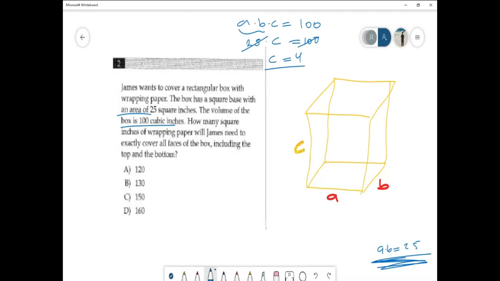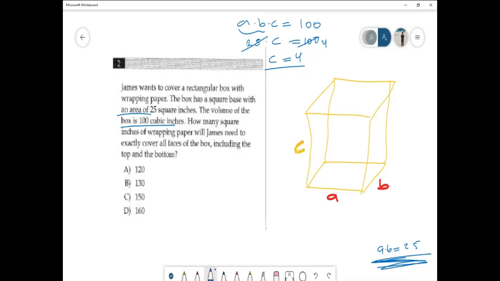Then C should be 4. That's how I found C. I can cancel 25 with 100, it will be 4. So C will be 4. Now, how many square inches of wrapping paper will James need to exactly cover all faces of the box, including the top and the bottom? So I need to find the surface area, right? The surface area of this rectangular box.